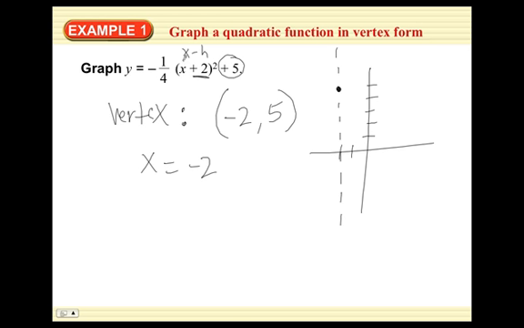You don't want to do that. That'll take a lot of time. But you could. Okay, so type this in your calculator exactly the way you see it. Anytime you get a fraction, I always put a fraction in parentheses just in case. Okay, negative 1/4 in parentheses times x plus 2 squared plus 5. Type that in.